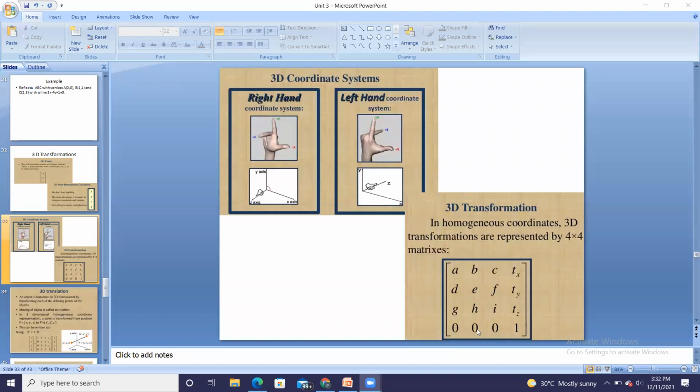The remaining 3 by 3 matrix is responsible for scaling, shearing, rotation, and reflection. So this 3 by 3 matrix is responsible for 4 operations, and Tx, Ty, Tz is responsible for translation of the 3D object. This is the general formula for any 3D transformation.